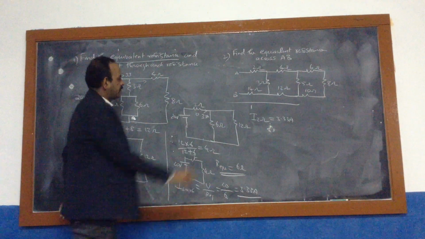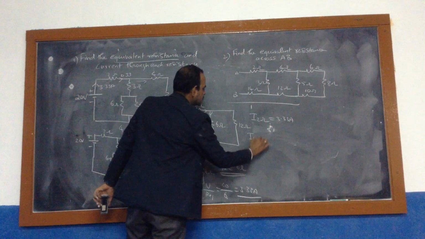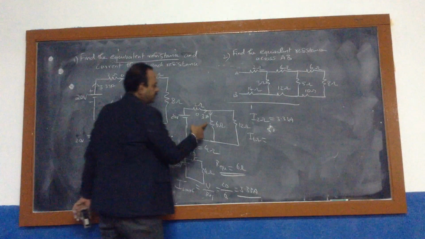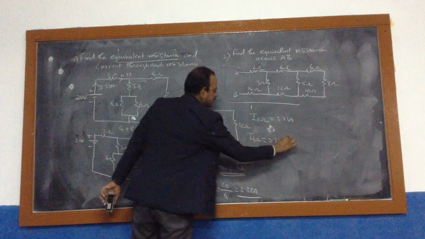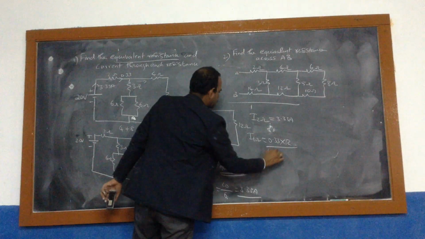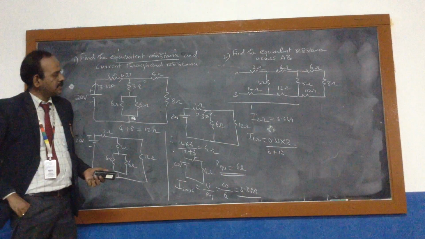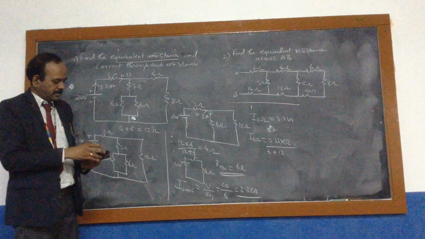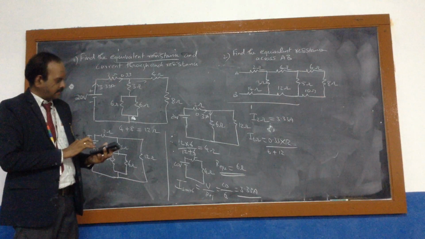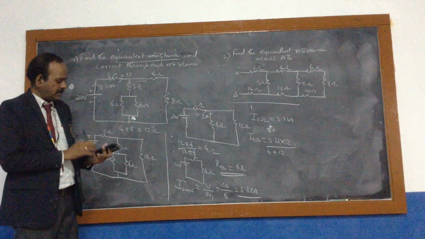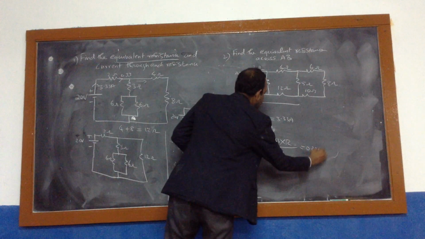Suppose I want to find the current flowing through the 6 ohm branch. It is the total current 3.33 into the opposite resistance 12 divided by 6 plus 12, that is 18. So 3.33 into 12 divided by 18, we got 2.22 amps.